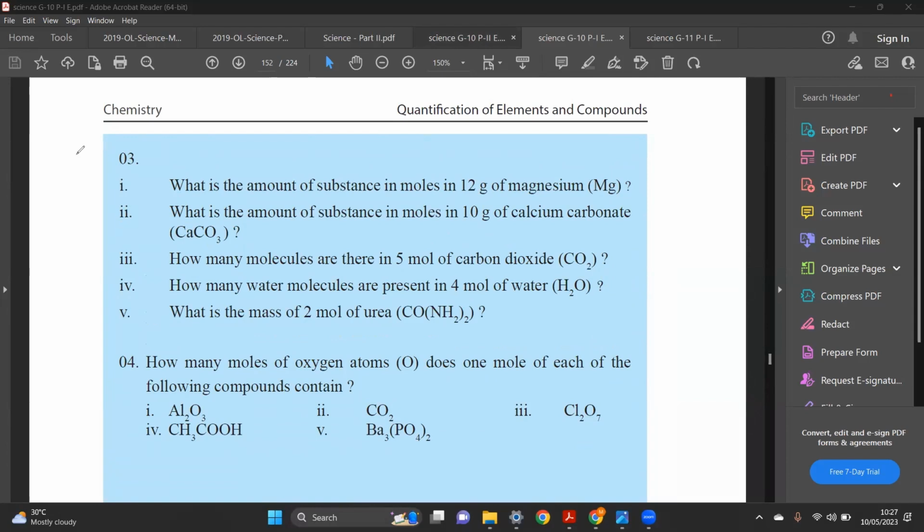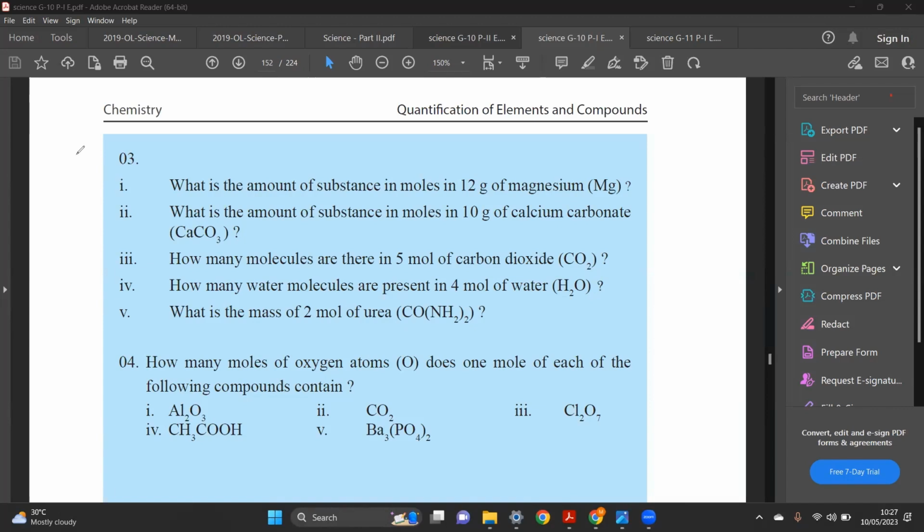Remember, relative atomic mass, relative molecular mass, molar mass, they're all big terms, but actually they're all the same. Only thing is, when we talk about relative atomic mass or relative molecular mass, we don't use the unit. But when we talk about molar masses, we do use the unit grams per mole. That's the only difference. Otherwise, it's pretty much the same. So don't get it confused. If you're used to molar mass and you get relative atomic mass, don't get confused. It's all the same thing.